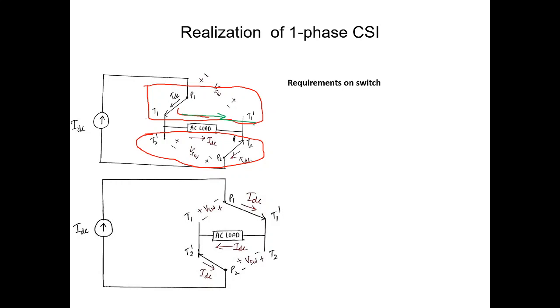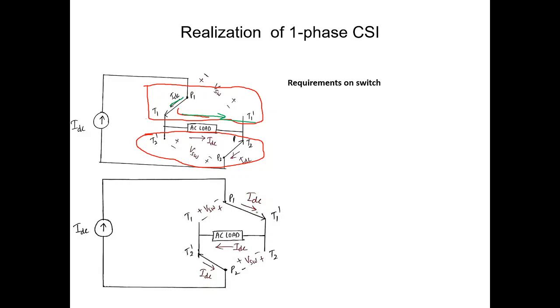Similarly, between pole 2 and throw 2 dash, the voltage can take either polarity based on the load condition. But what should be the current between pole 1 and T1? That should be this way only. Similarly, between pole 2 and throw 2, the current must take this direction. So that is corresponding to switching state 1.